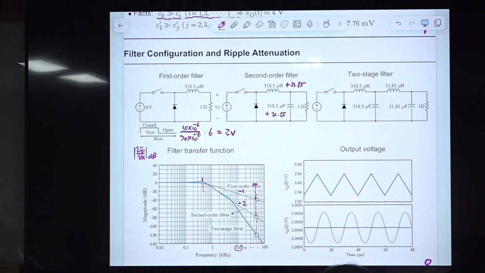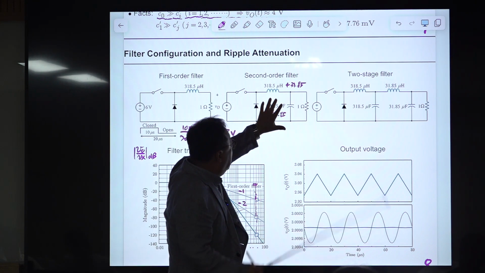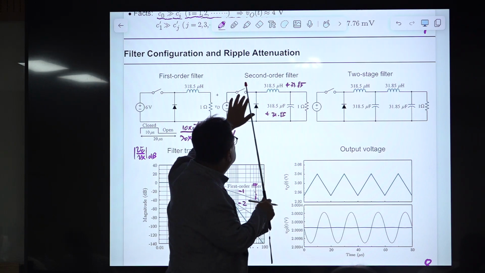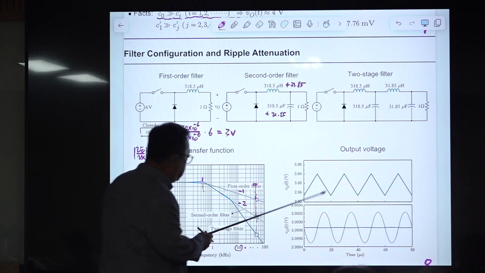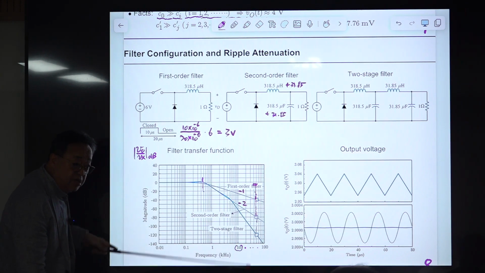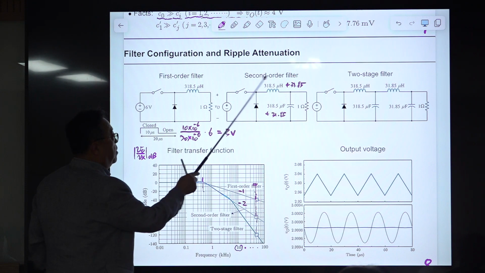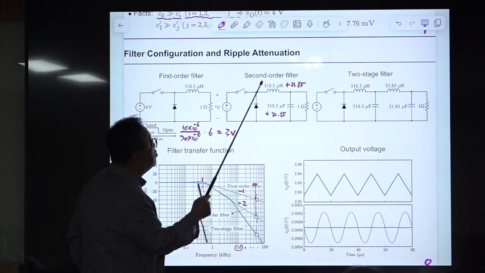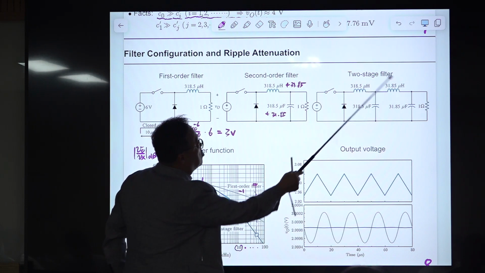All right. Then maybe you use the larger inductor, larger capacitor, and with that you build this second order low pass filter. Then the characteristic of that is far less than this. Okay. So splitting into two stages is a very good idea because it is almost the same filter size, and this plus this is about the same, and this plus this is about the same.